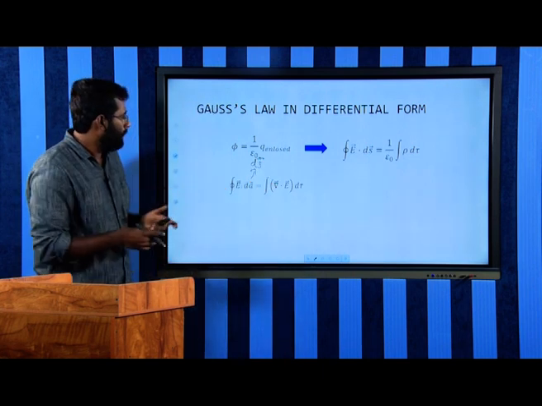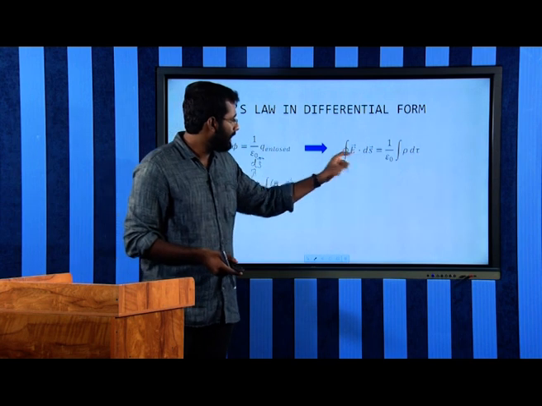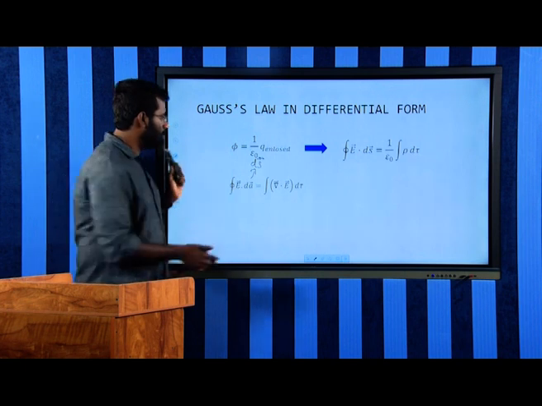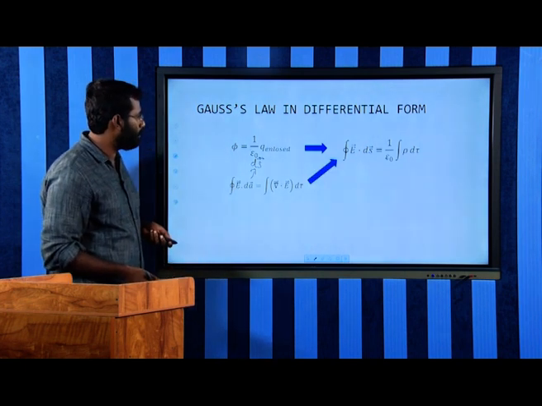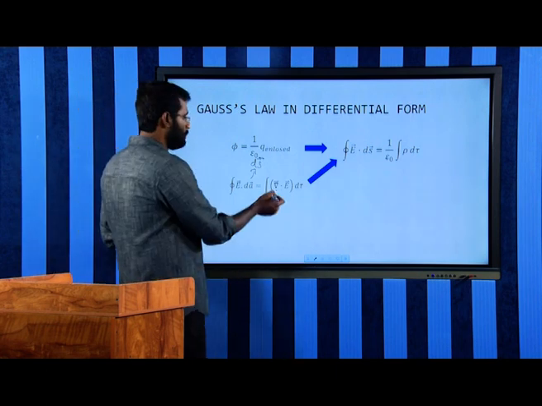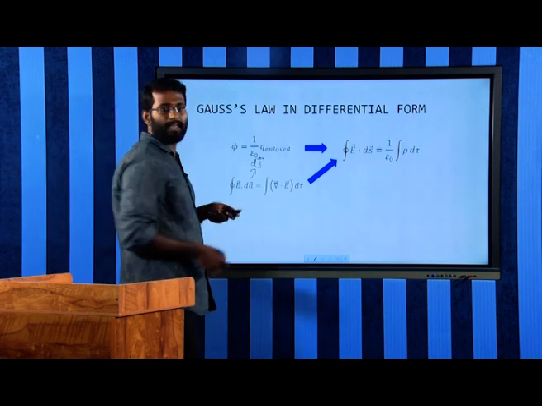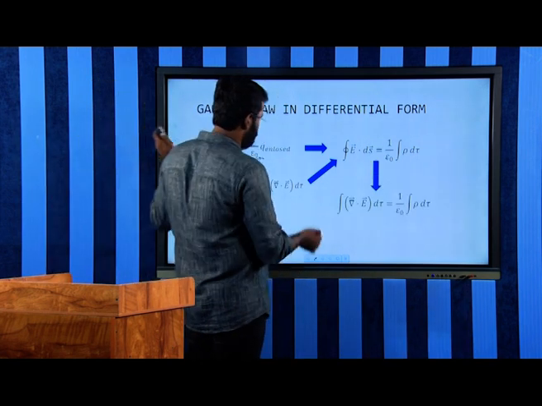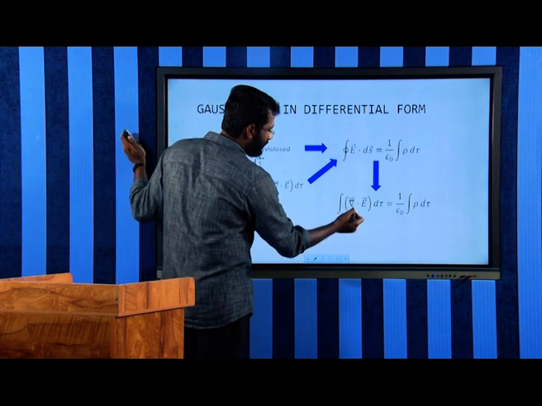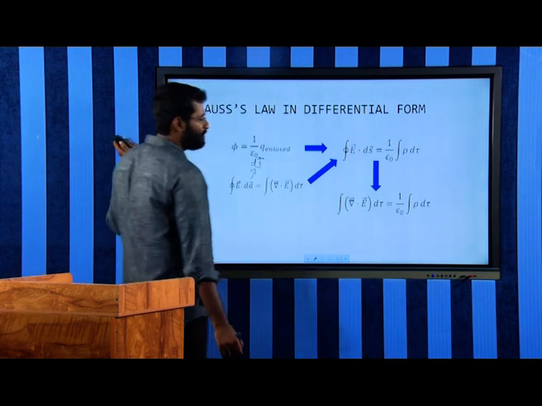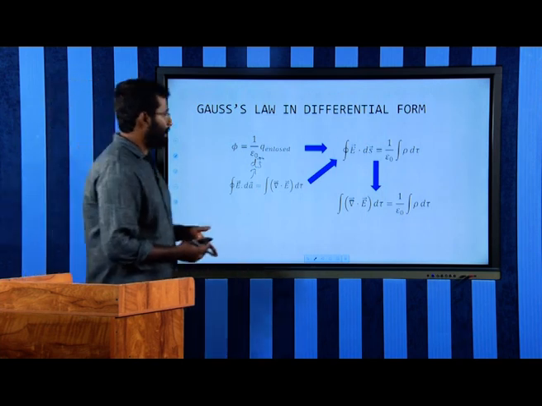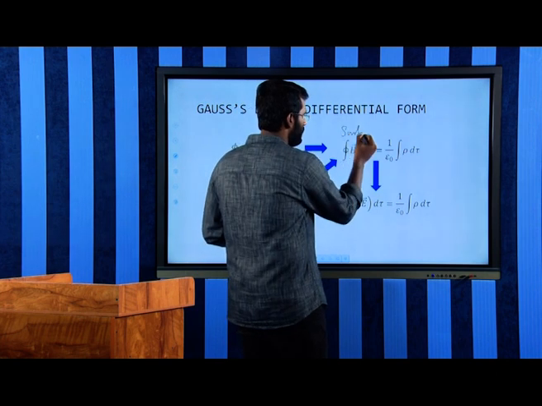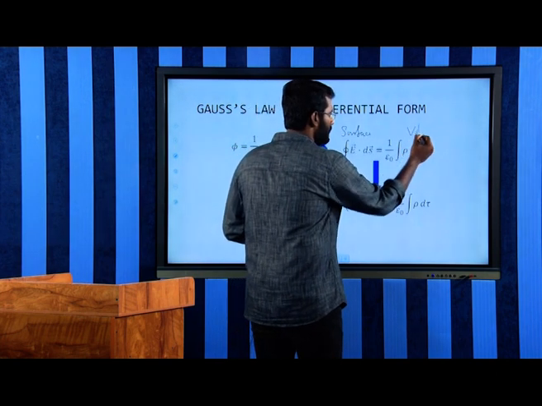Okay. So now we know that the left side is integral E dot ds, so we can substitute integral del dot E d tau for it. Then integral del dot E d tau is equal to 1 by epsilon 0 times integral rho d tau. The problem was that the left side was a surface integral and the right side was a volume integral.